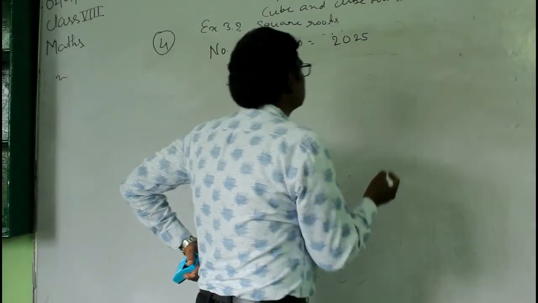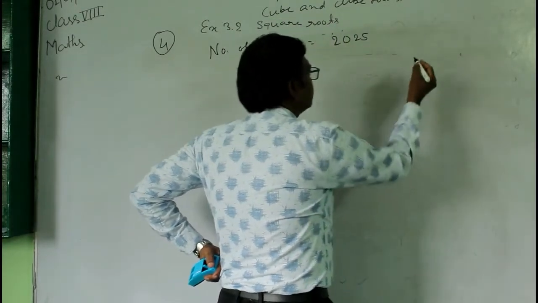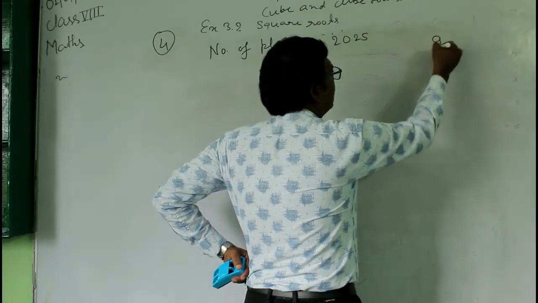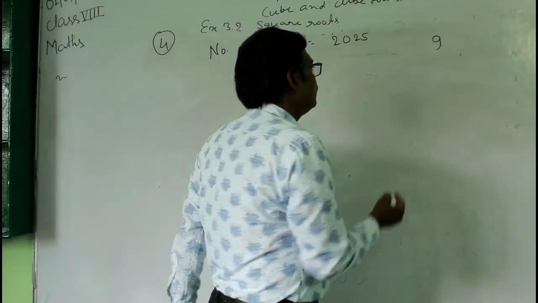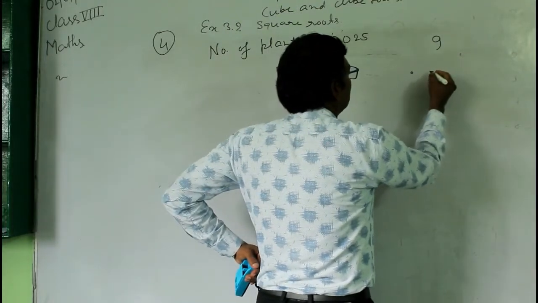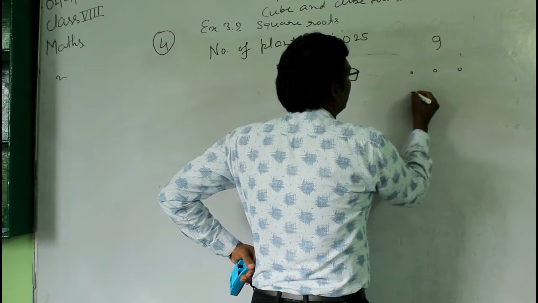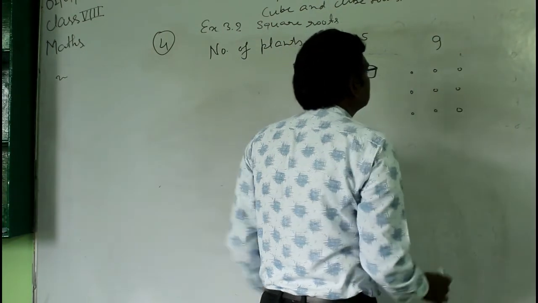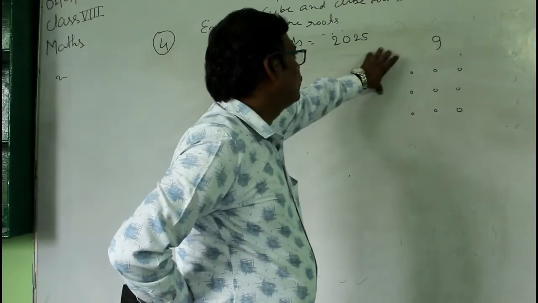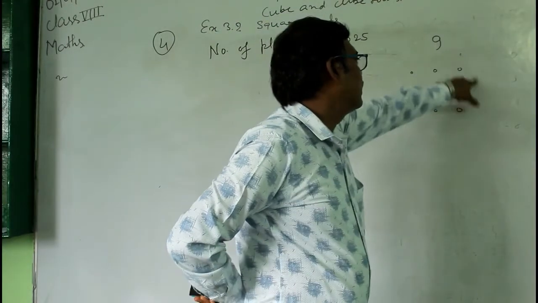Okay, so it forms a square. Suppose you have 9 plants. Suppose a simple example, there are 9 plants. And if you plant like this, that is 3 plants in a row, then it will make a square like this. Now see here that if you have 9, then it will make a square.